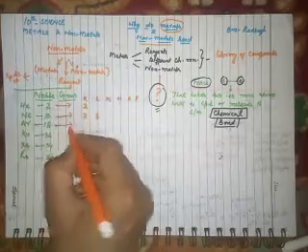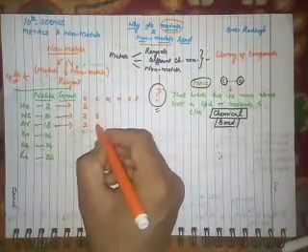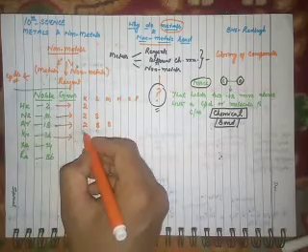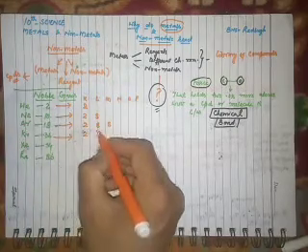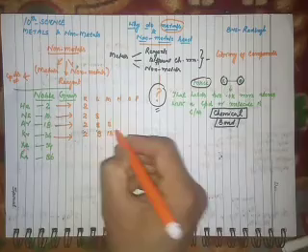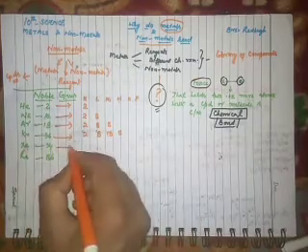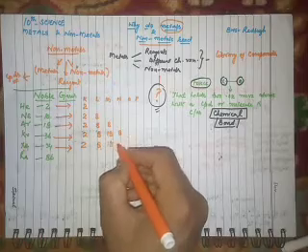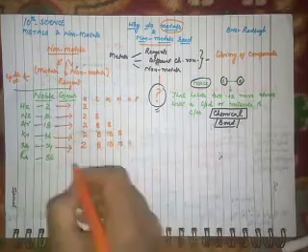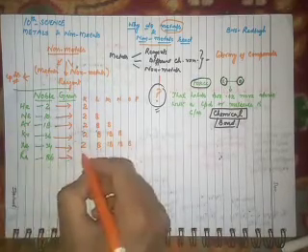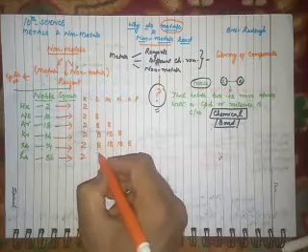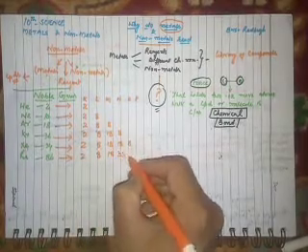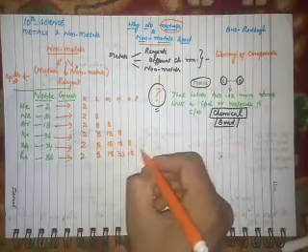Similarly neon 2, 8, argon 2, 8, 8. Then krypton 2, 8, 18, 8, xenon 2, 8, 18, 18, 8, and lastly radon 2, 8, 18, 32, 18, 8.